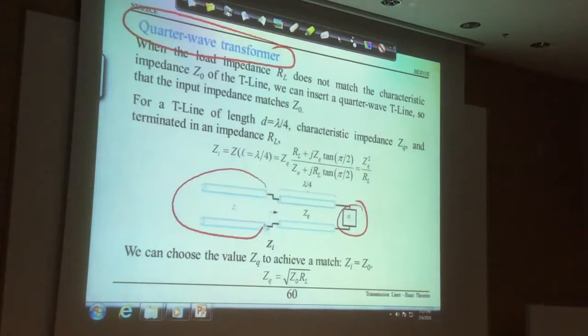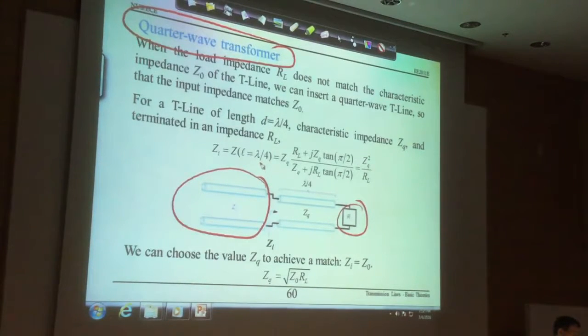For instance, a typical transmission line, such as coaxial cable, in most measurements we use a 50 ohm transmission line. Then, for instance, the antenna impedance is 100 ohm.